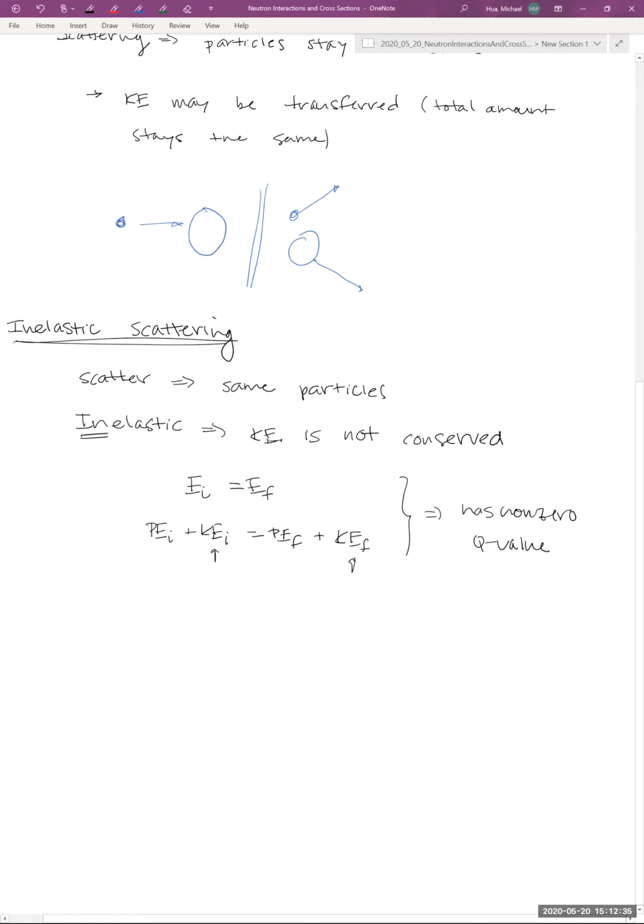When the potential energy changes, the target nucleus gets excited. And oftentimes, the excited nucleus will de-excite by emitting a gamma ray.